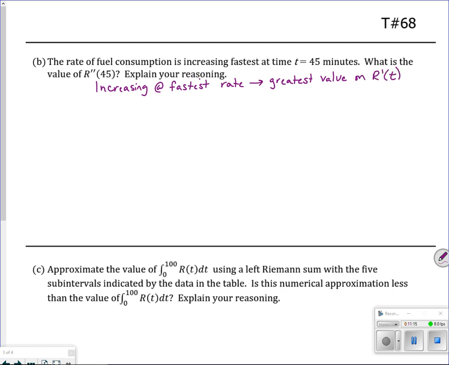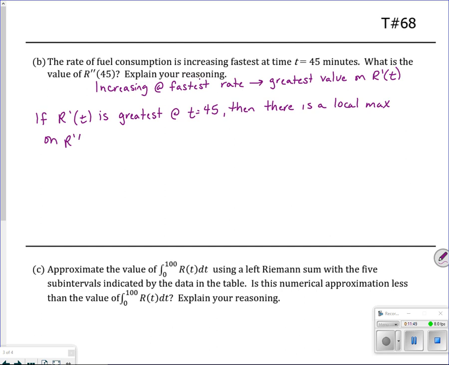At 45, the highest point, if I were to graph the derivative, r prime, it's the greatest. So that's kind of my thought process. So if r prime of t is greatest at 45, what does that mean? It means then there is a local max on r prime of t at t equals 45.